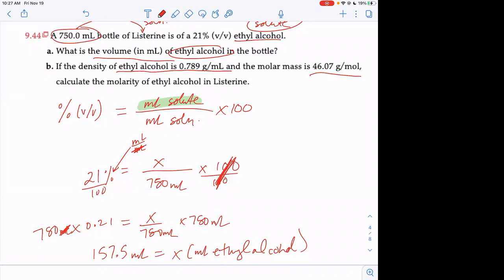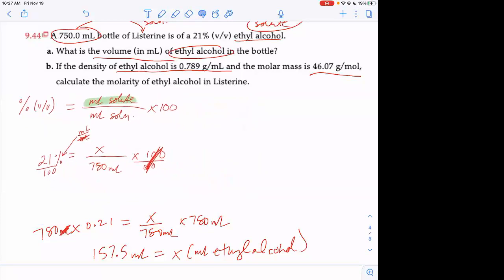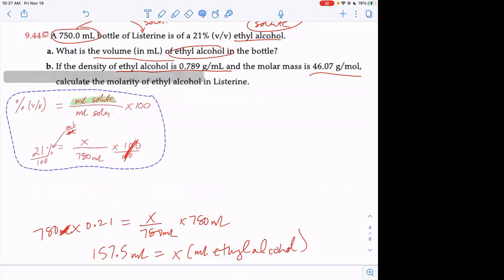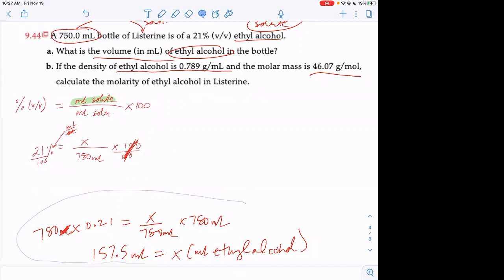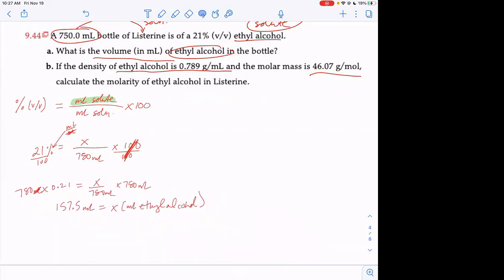What do we do here? If you have access to the textbook, you can just write down what number this is. So it wants us to calculate the molarity. So what is molarity? Olivia, you said this earlier.